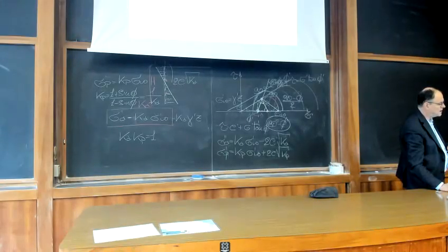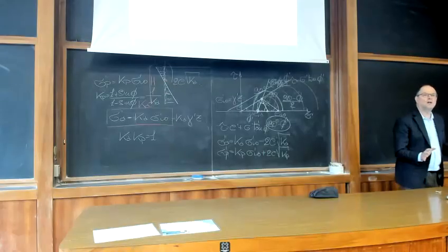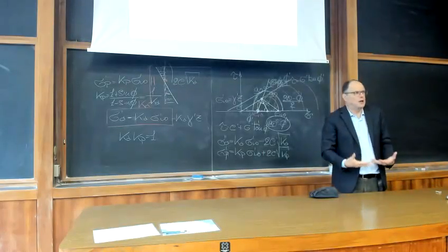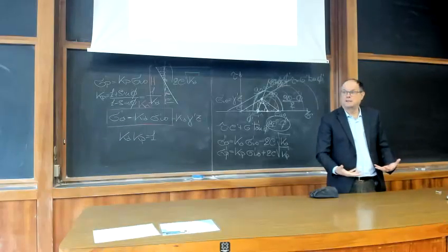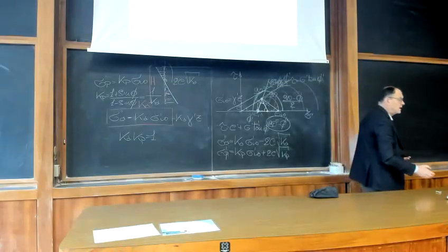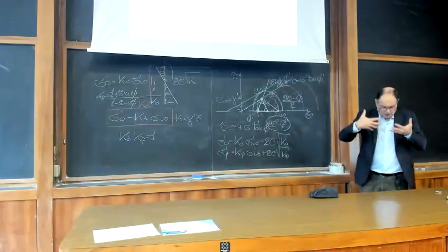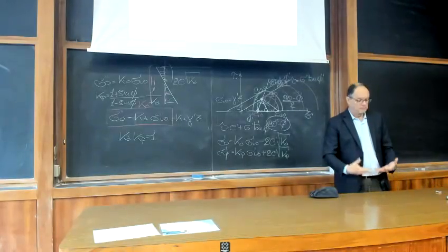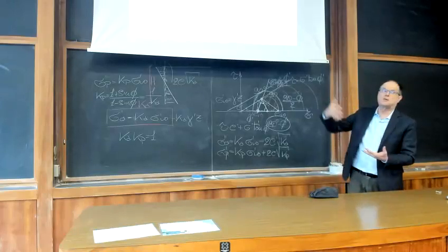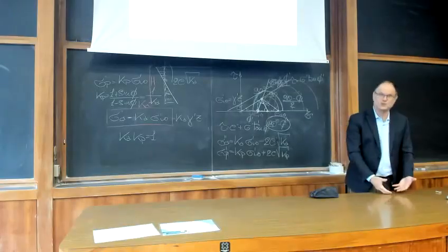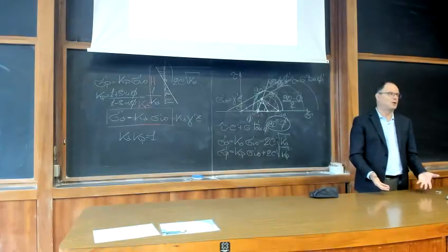At some stage, the soil will no longer be able to sustain the increasing load and will fail. And you can see that failure means that you have continuous settlement of your foundation without increasing the load. So somehow you lose your foundation because it continues to go down without increasing your load.